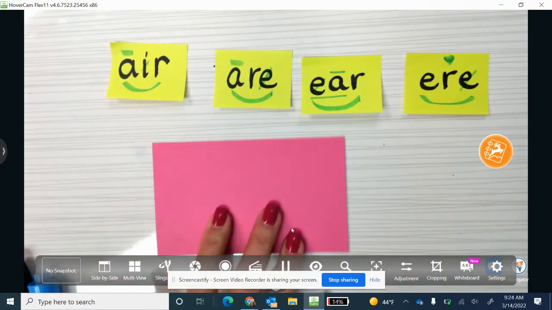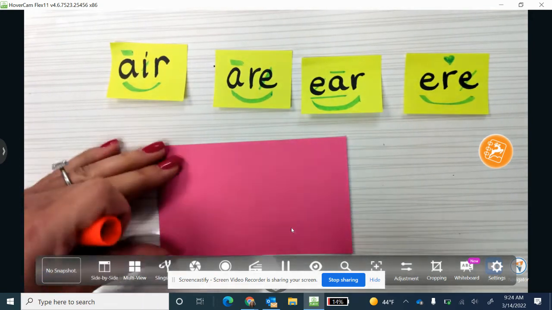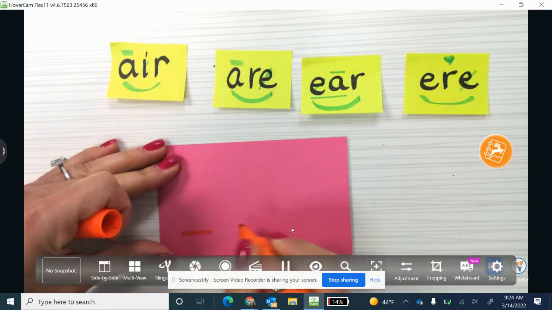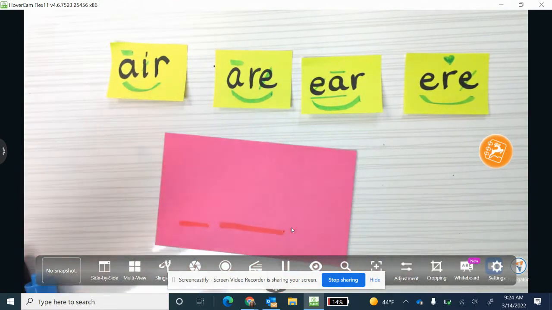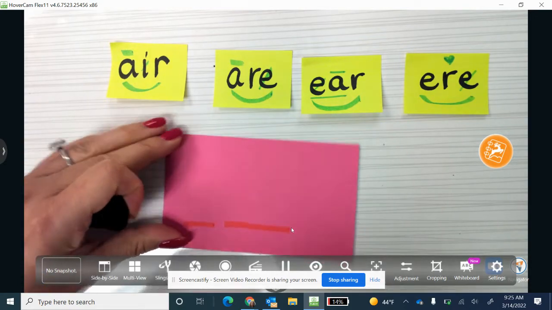Number 4, hair. Leah has dark brown hair. Now, hair is also a homophone, so I want you guys to think about another type of hair. Now, we are talking about the hair on our heads, growing from our heads, hair.